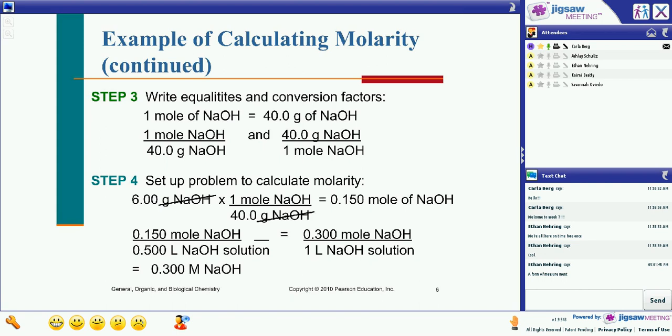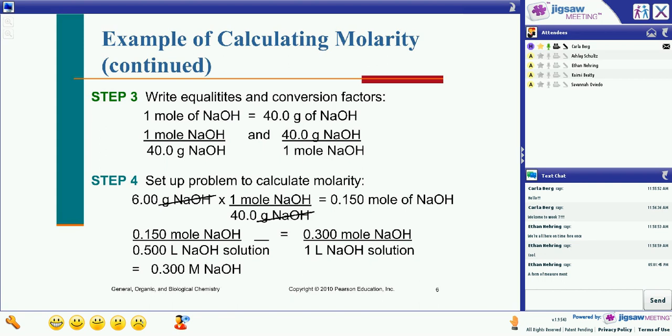So if we want to make the grams of sodium hydroxide cancel out, because we are trying to find the number of moles, which is what we said our first step of our problem is, we need to use the first conversion factor we had up here.